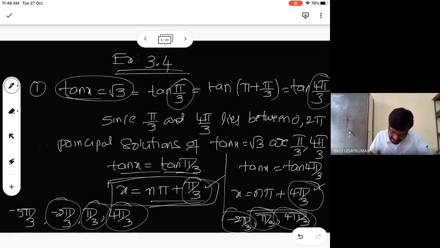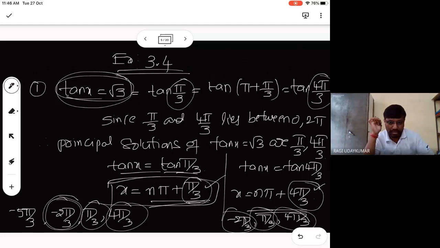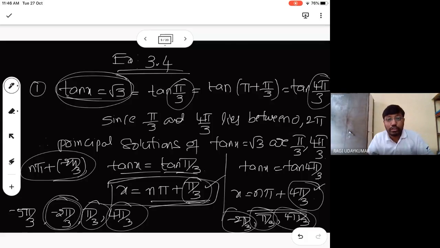In place of pi by 3, if you write minus 2 pi by 3, because minus 2 pi by 3 also will satisfy this equation. Tan x equal to root 3 means x equal to minus 2 pi by 3 is also possible. So write that minus 2 pi by 3 in it, that is also a general solution. If I want, n pi plus minus 2 pi by 3, if I write, that's all. But usually this can be a general solution, it is right, that is also not wrong.